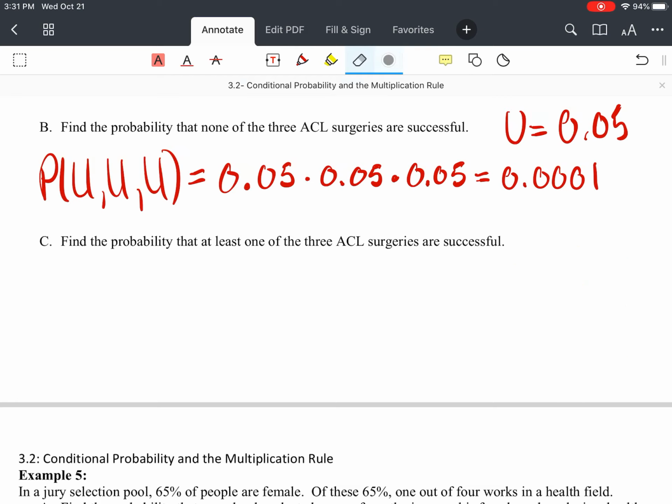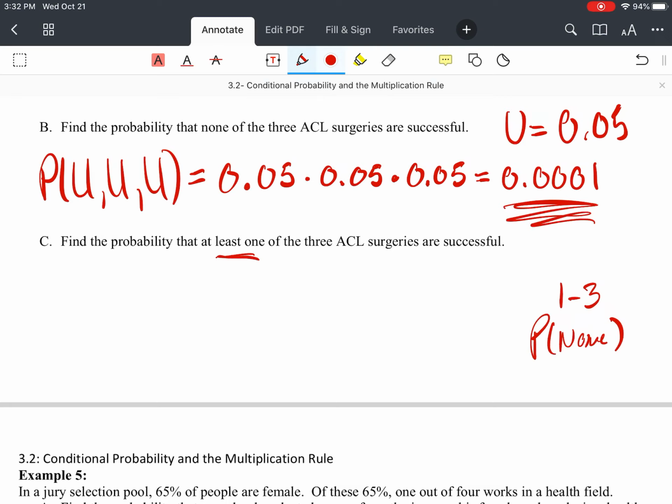Now, another way to do this is that we can find the complement, right? Because we're looking at least one, from 1 to 3, we could instead just find the probability that none are successful. Notice that we have already done that up here. And then subtract it from 100%.